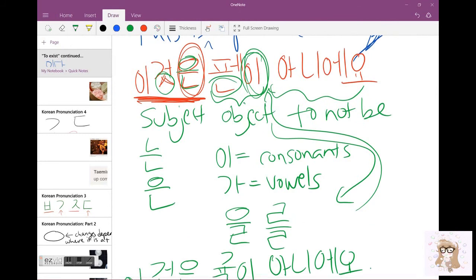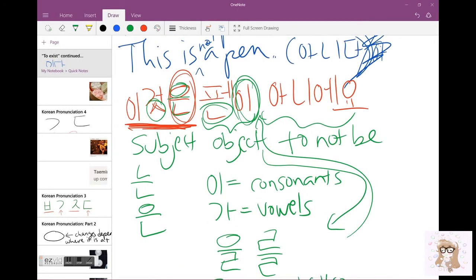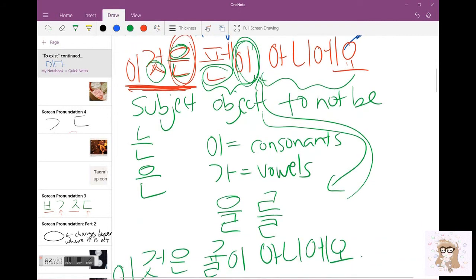So then I gave examples. 이것은, the subject, which is this, 이것 is this, and then 펜이, the object, and 아니에요. Using 이 made it definite that that object is a pen.